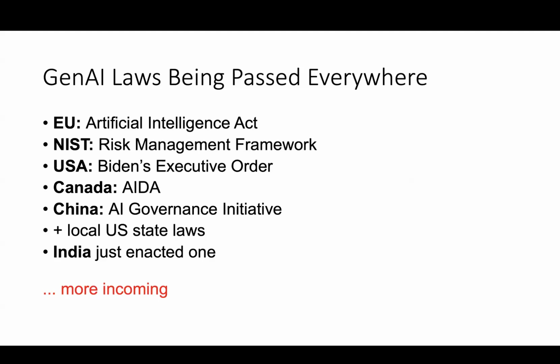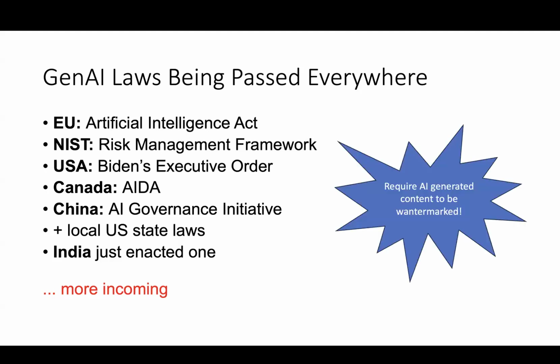And this has not gone unnoticed. Lawmakers everywhere are worried about it. They want steps to be taken. This is just a small list of the AI laws that have come up recently. It includes the US Biden's executive order. The 3 most significant ones are Biden's executive order, the EU Artificial Intelligence Act, and China's initiative.